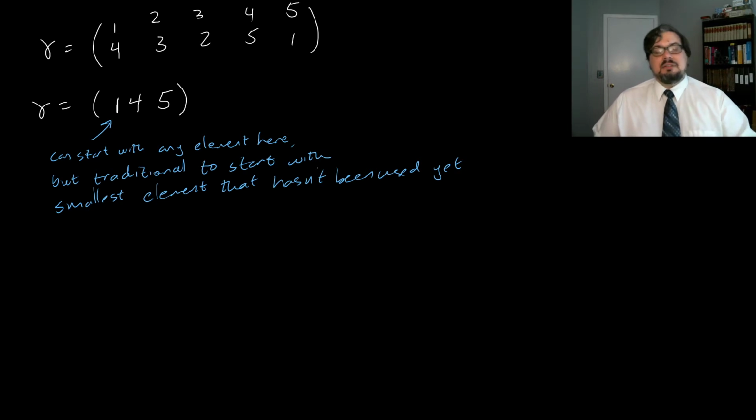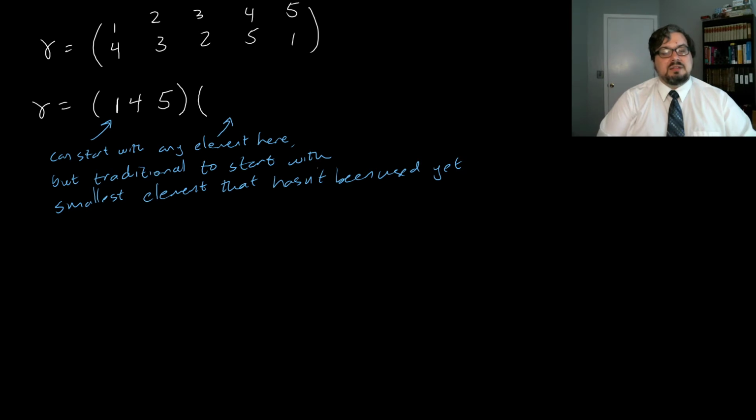But we haven't talked about what happens to 2 or 3. Sometimes a permutation will require multiple cycles to describe. So when that happens, when you haven't actually written down all of the elements in the underlying set, we need to start with another one.